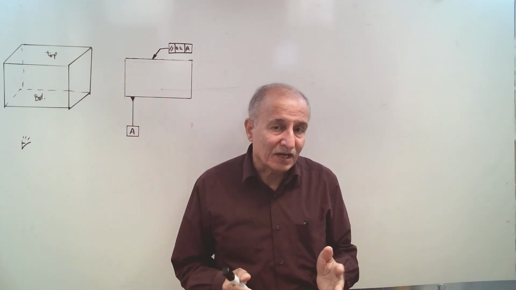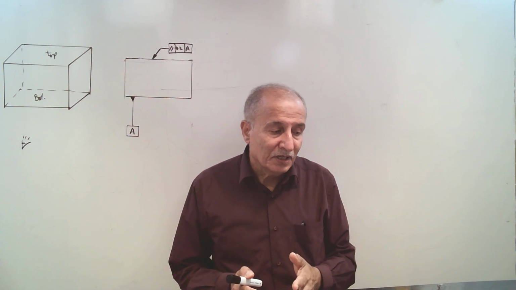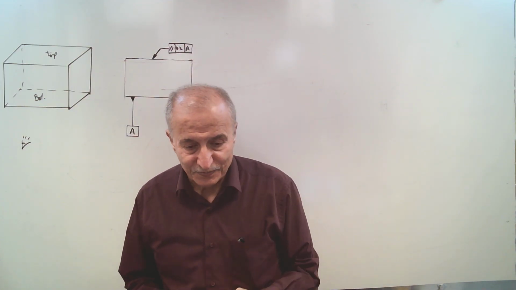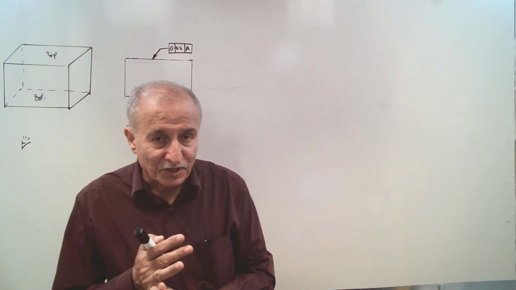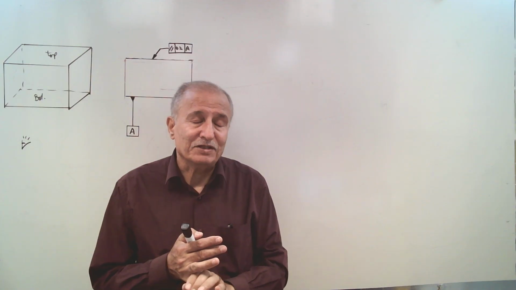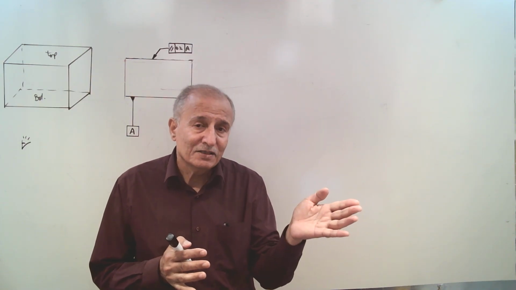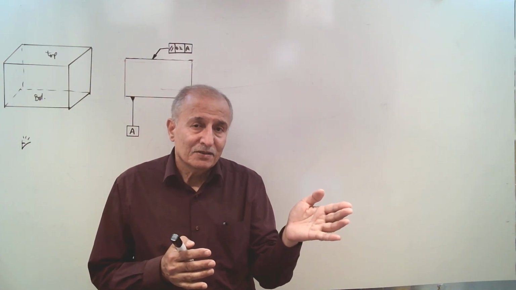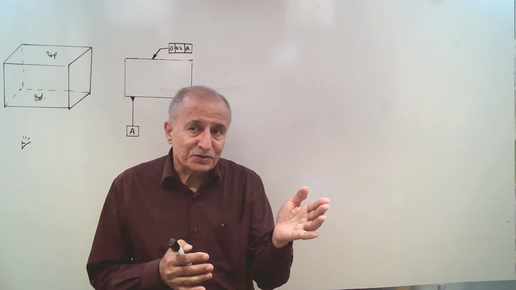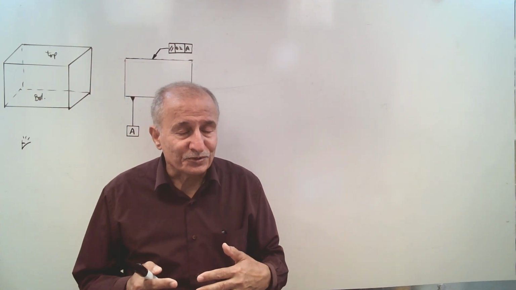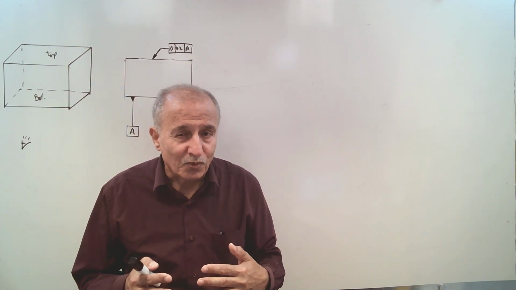That's how parallelism is applied to a feature. We must specify a datum when we say that the surface is parallel. They expect us to continue our sentence and say parallel to what?